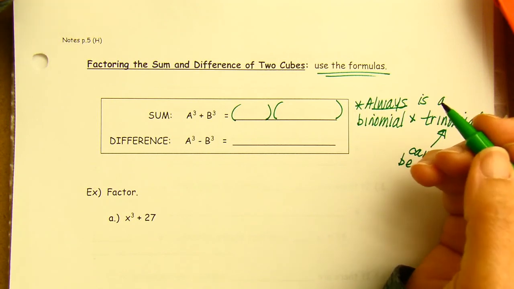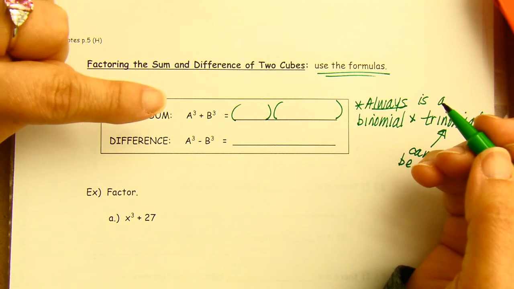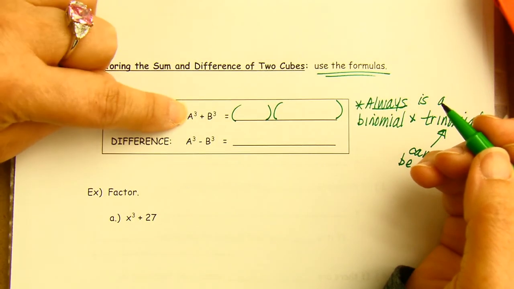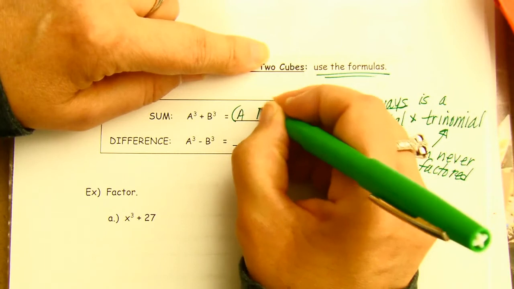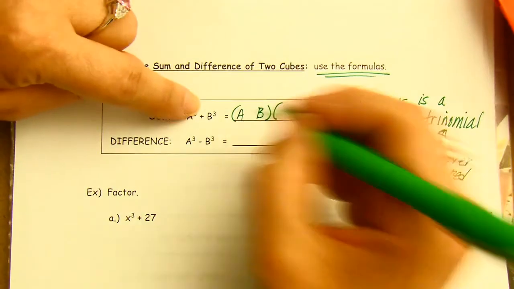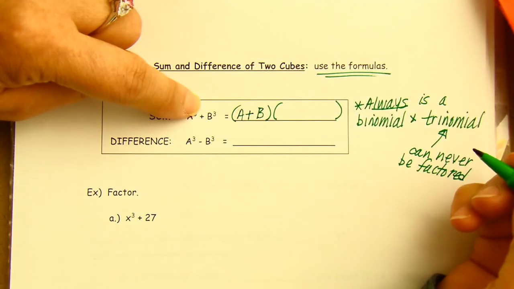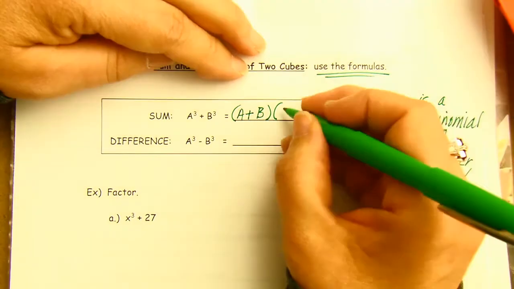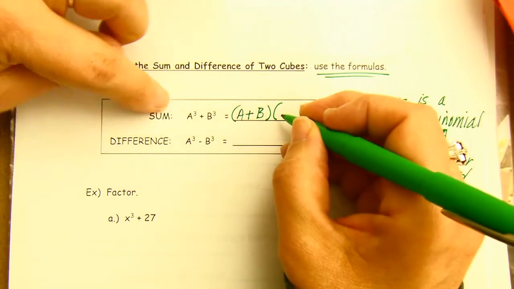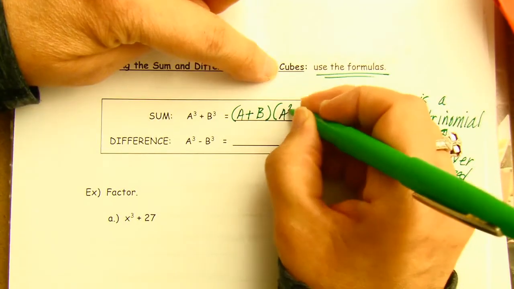All right. But in a similar fashion, you just take the cube root of A and the cube root of B, and you get A and B. The sign in the middle here is the same. Then ask yourself, what do I multiply with A to get A cubed? It's got to be A squared.